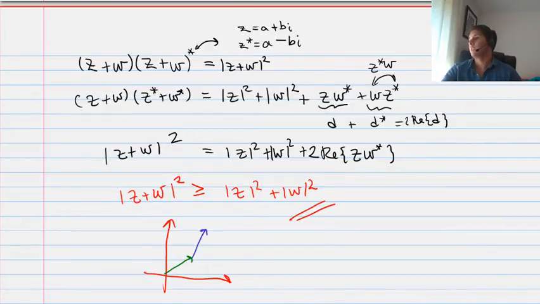What you're saying with the triangular inequality is that this length here will always be greater than the addition of the other sides of the triangle.